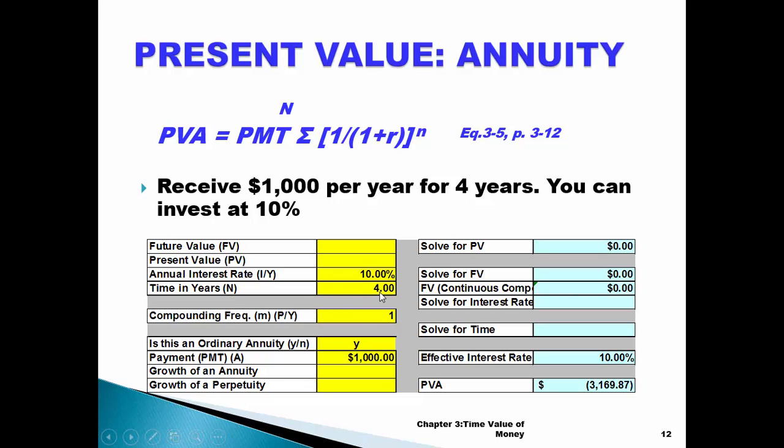Time in years is 4. And we're going to do it per year. So the compounding frequency is 1. So the present value of these cash flows is $3,169. Again, we want to know the present value, and since we're talking about an annuity stream, that's PVA, present value of an annuity.